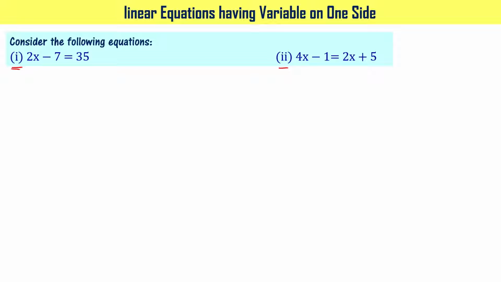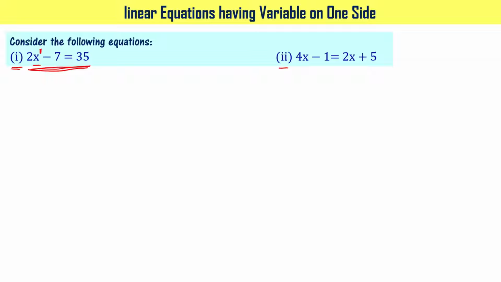Let's first understand the first equation. Here, the first equation has got variable x, right? Only one term has got variable x, and its degree is 1, because x power 1 can be written as x. We say that the degree of this particular term is 1, and since that is the highest degree or the highest power, you say that the degree of this particular equation is 1.